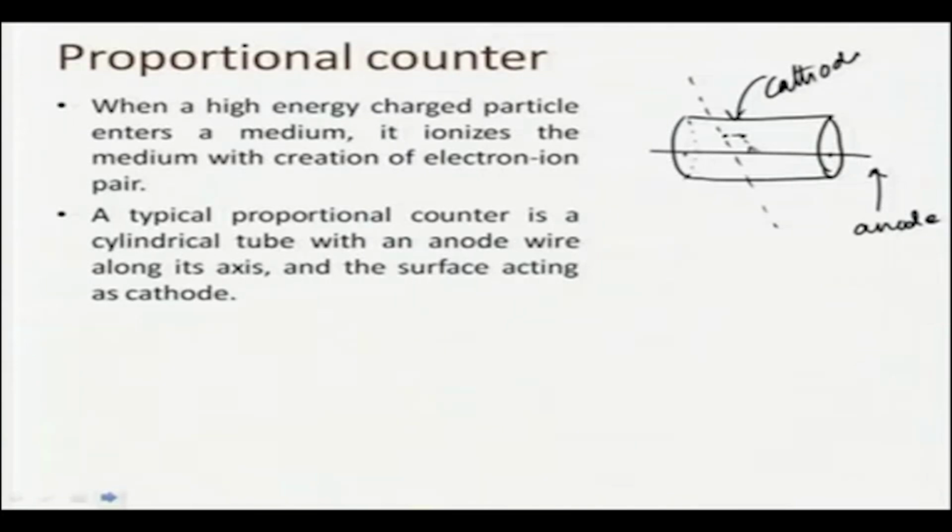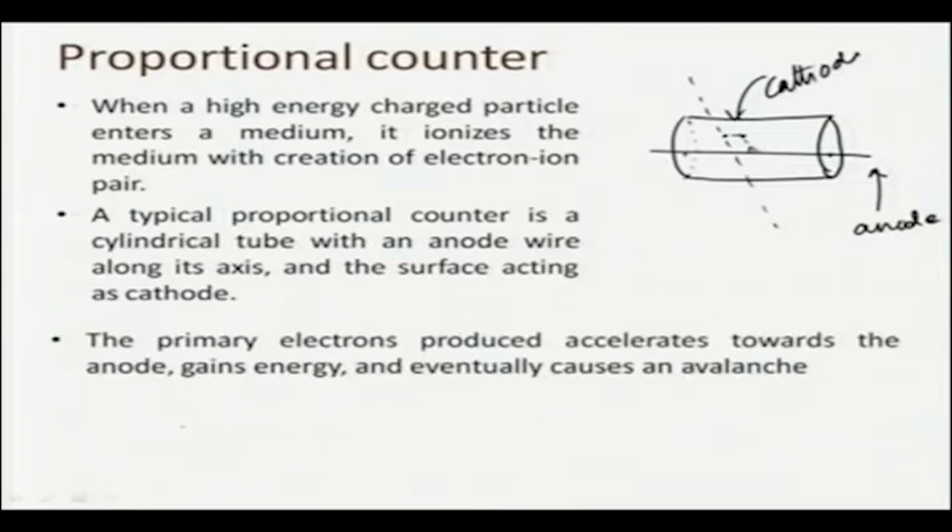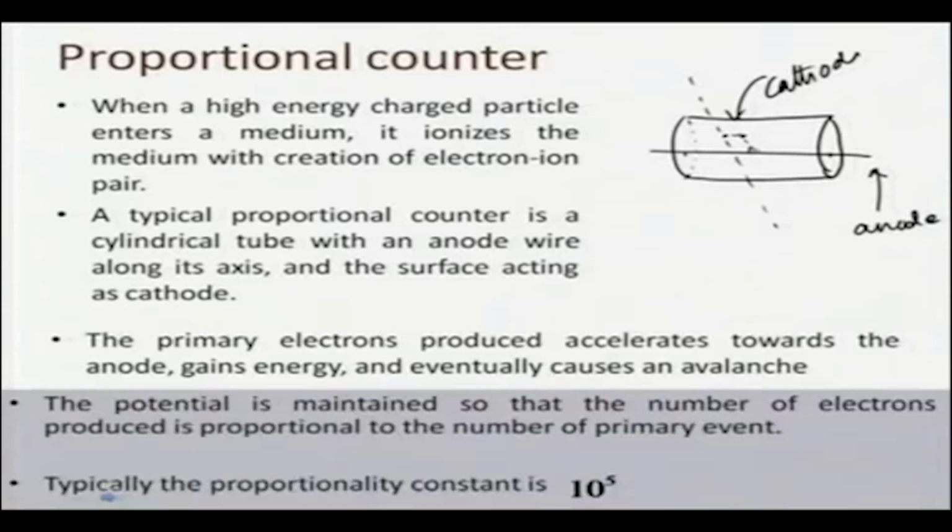As I said, the primary electrons produced are accelerated towards the anode, gain energy and eventually cause an avalanche. The number of secondary electrons produced in the avalanche is proportional to the number of primary electrons produced. That is why it is called a proportional counter.